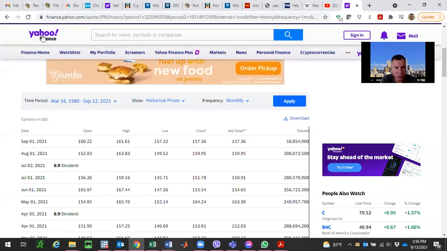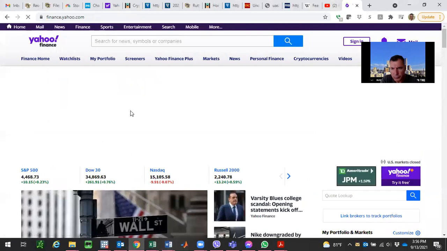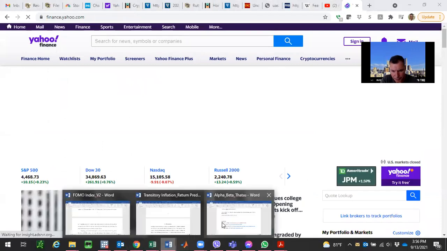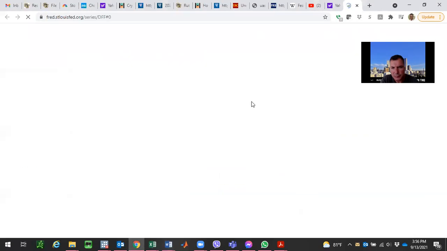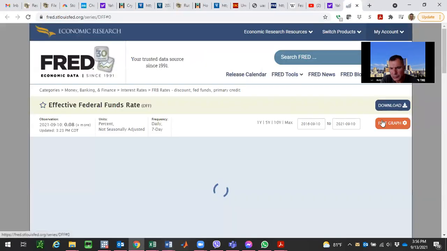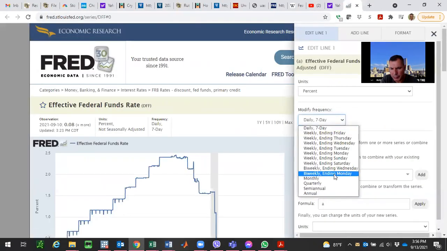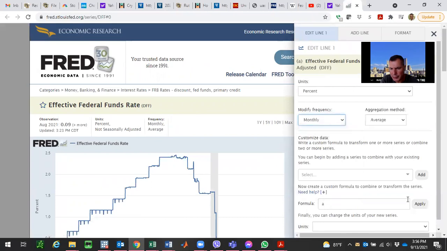Also from Yahoo Finance, I got the S&P benchmark. So from Yahoo Finance, I got the company return and S&P benchmark. The effective interest rate, I got it from here. And I want it to be monthly, so I did it monthly.